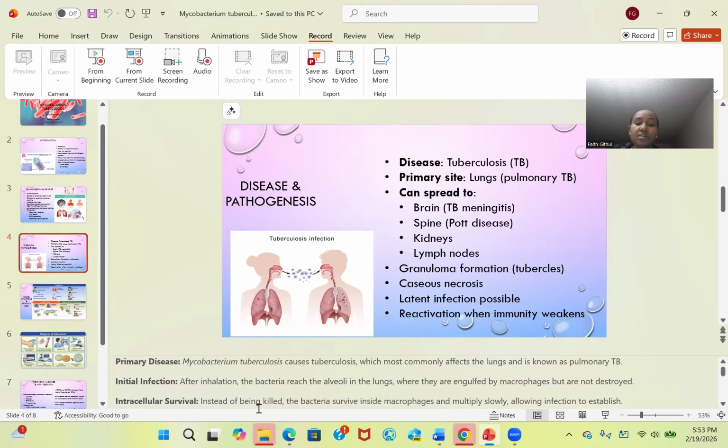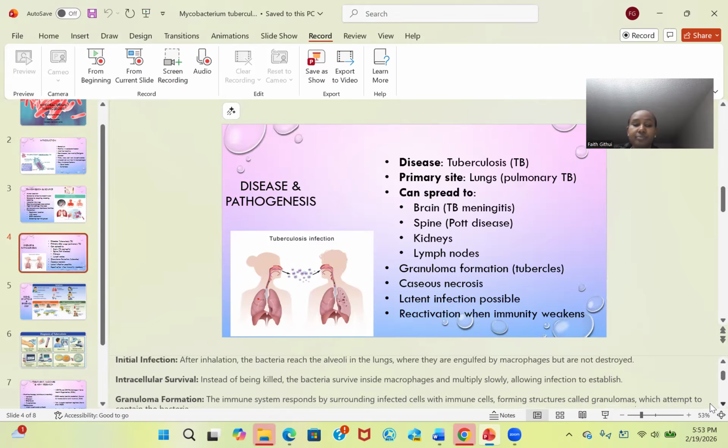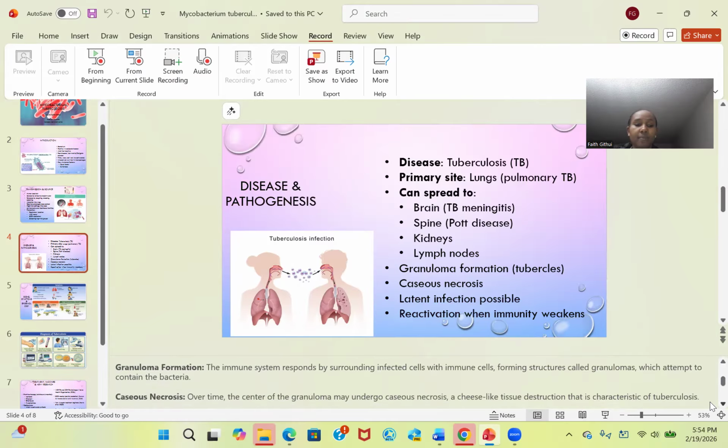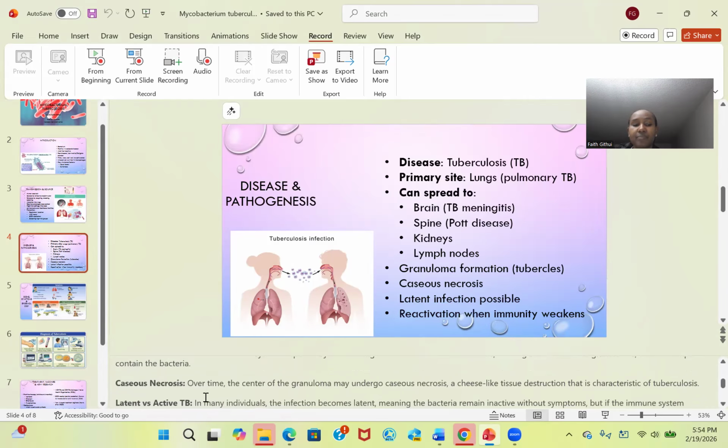Intracellular survival. Instead of being killed, the bacteria survive inside macrophages and multiply slowly, allowing infection to establish. After that, the immune system responds by surrounding infected cells with immune cells, forming structures called granulomas, which attempt to contain the bacteria.